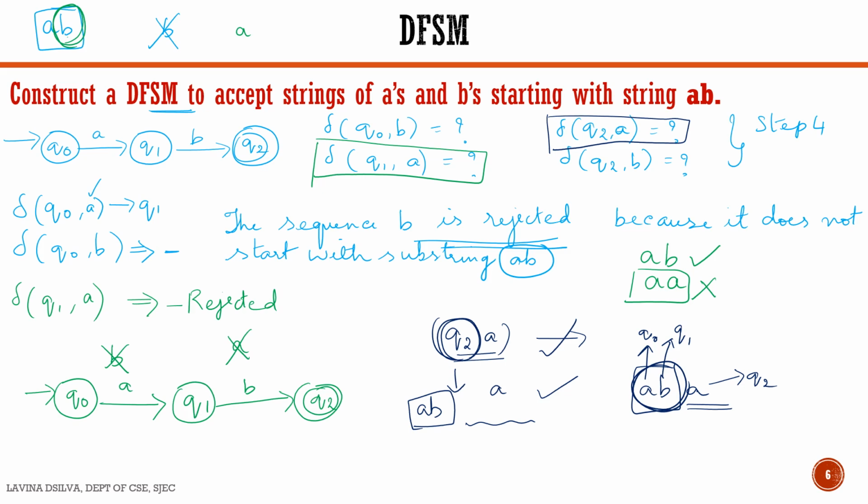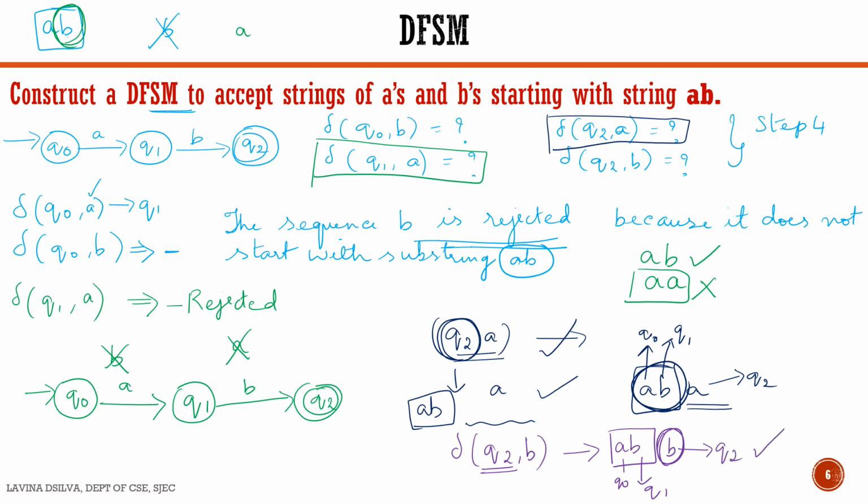What about the fourth transition, delta of Q2 and B? Now in case we are in state Q2, it means that the DFSM has already seen these two input symbols, that is A and B, and it has come to the third character of the input string.